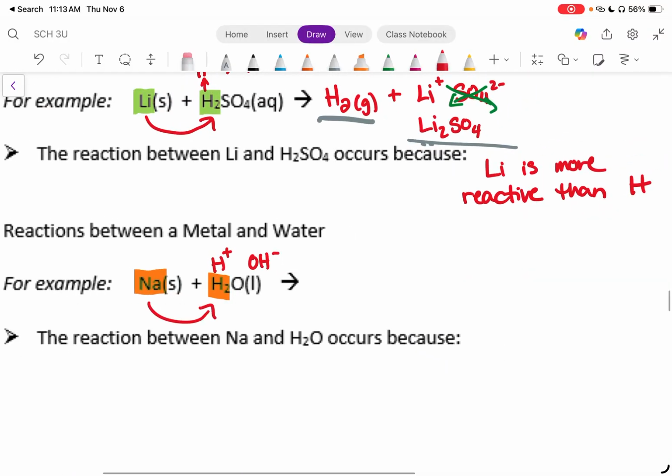So this is going to come in and boot that out. So now I'm going to have Na, and it's going to now bond to this OH hydroxide ion. This has a plus and a minus charge, so if I cross the charges, I will just get NaOH, and I will have hydrogen gas.